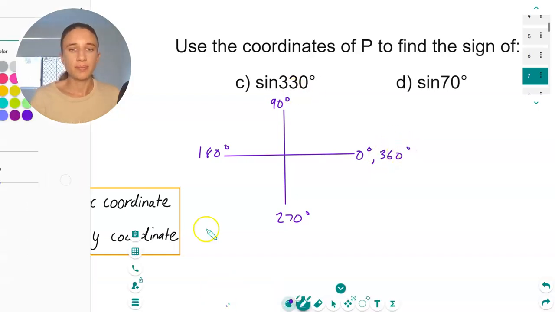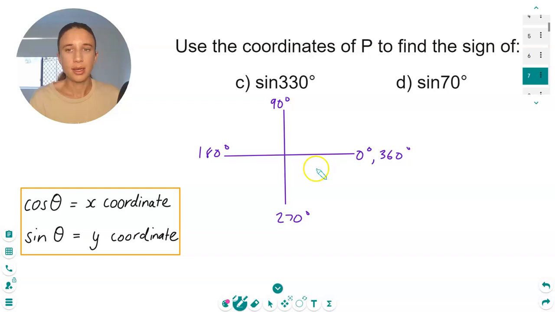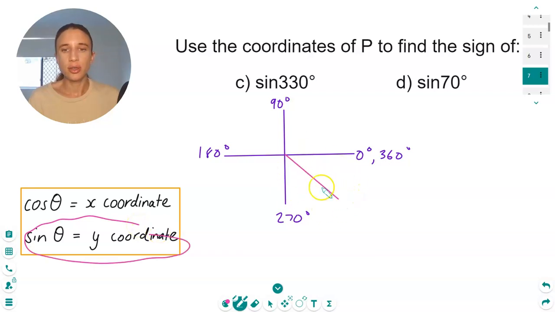Sine 330. Let's do it in pink. So 330 lies between 270 and 360. And so I know that sine means the y coordinate. Now in this quadrant, if I put a point there, is it going to have a negative or a positive y value?